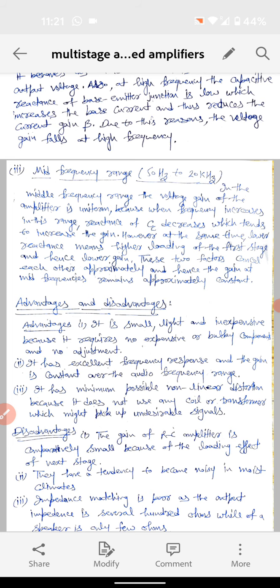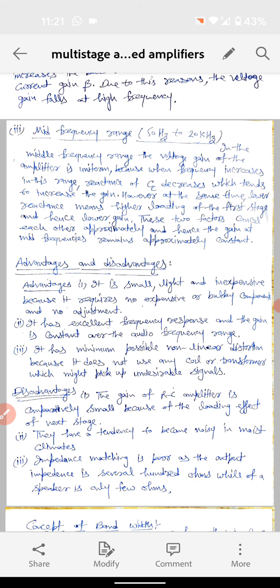So both these factors will cancel each other, and the overall gain will remain constant in this middle frequency range. They just compensate each other, and in this mid frequency range the overall voltage gain will remain constant.